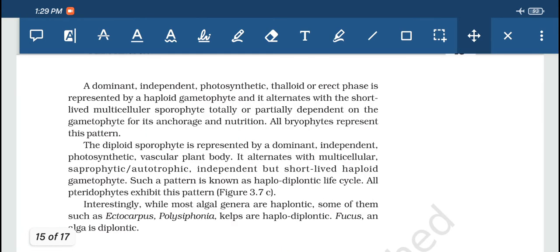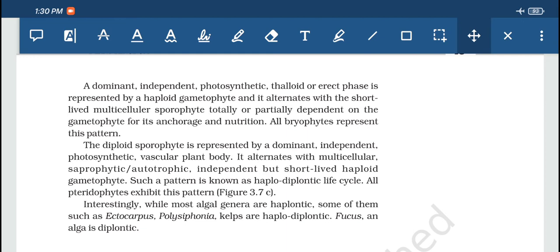A dominant, independent, photosynthetic, thalloid, erect phase is represented by the haploid gametophyte, and it alternates with the short-lived multicellular sporophyte, totally or partially dependent on the gametophyte for its anchorage and nutrition. All bryophytes represent this pattern.